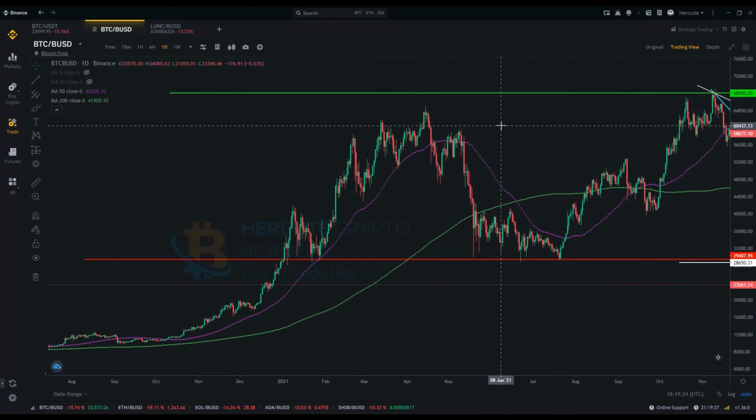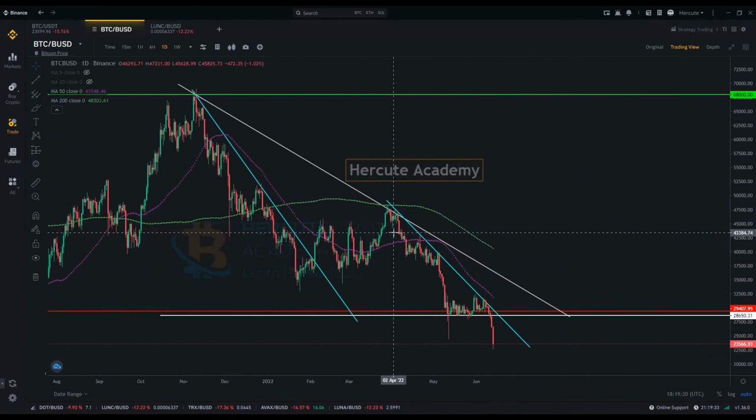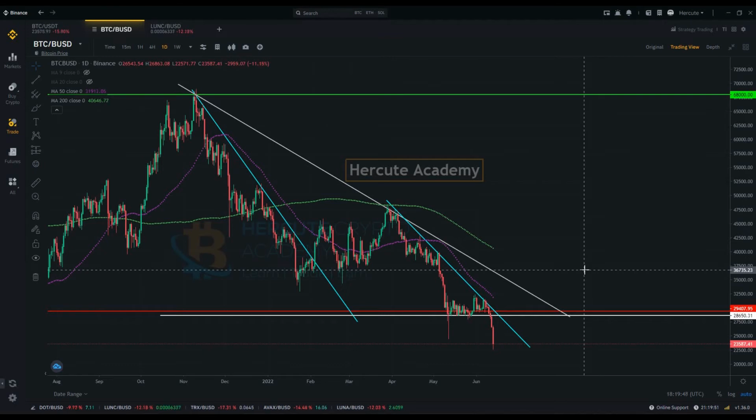Now, the reason why I want the market to continue going down is because another bull run is coming. And this is a market cycle, and it always keeps coming. And the next bull run will probably happen in the year 2024. Why? Because that is when the next halvening will be happening. And who will make money? Who will become millionaires in 2024?